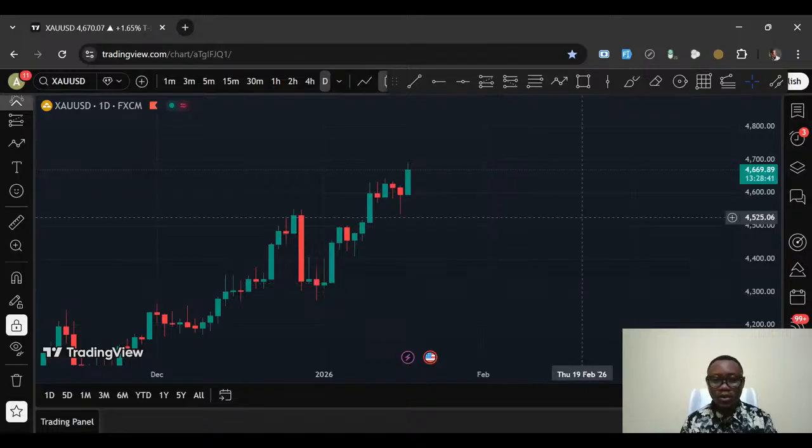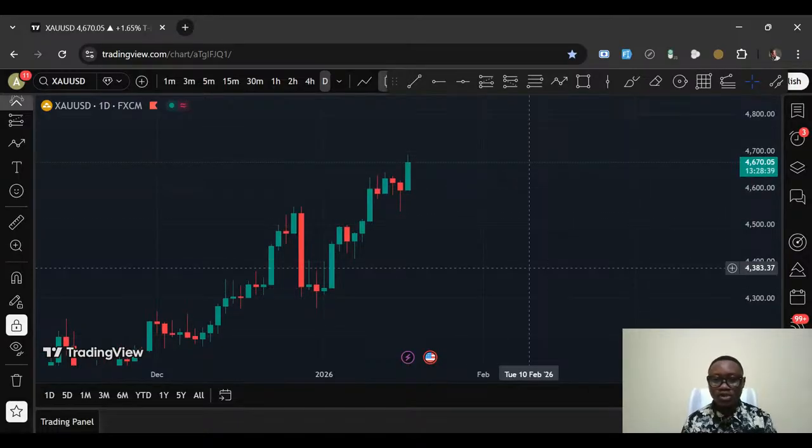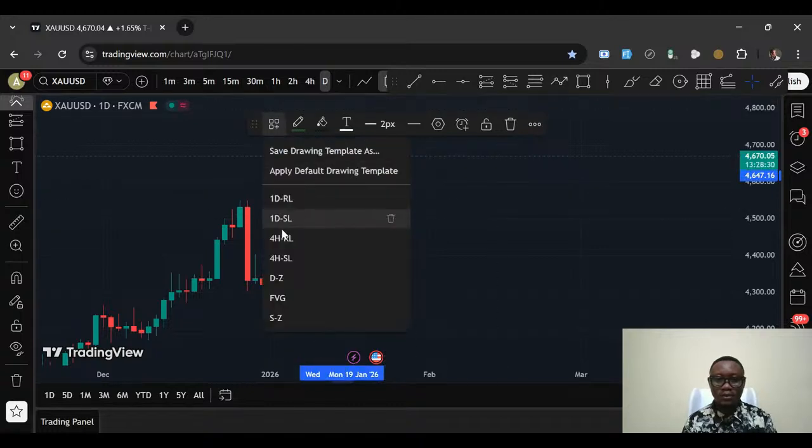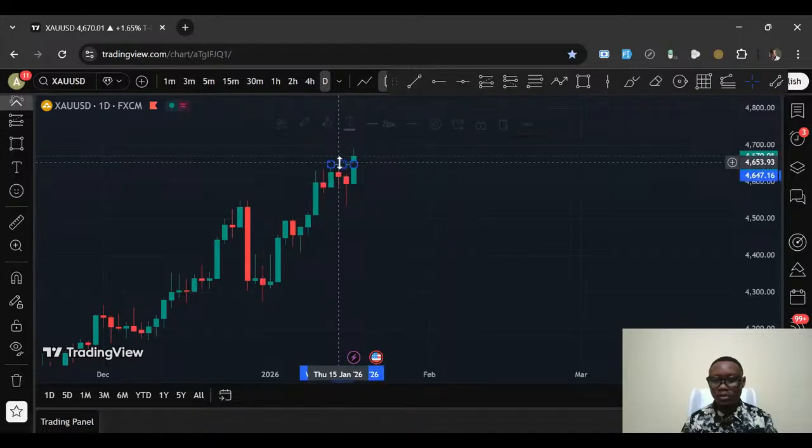So in our own case here, this is the most recent break of structure on the daily time frame. This is it. Okay, this is the most recent break of structure.